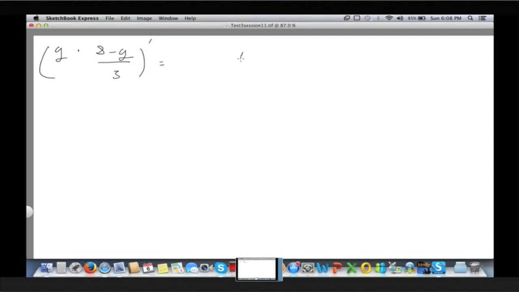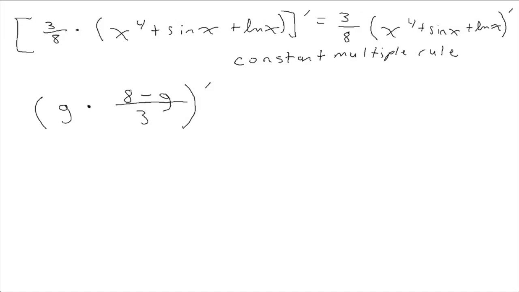We can pull out. And then, well, I think maybe we do have to use the product rule here because we have this other variable. Okay, I'll go back to my screen and give you some help with that.